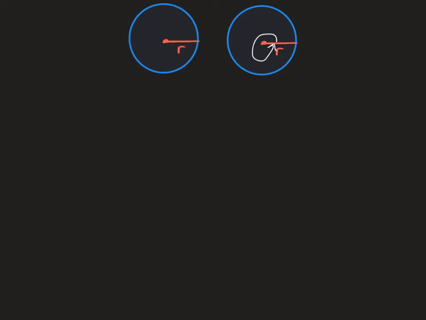If I think of taking this radius right here, let's make it red, and copying it on the outside of the circle, but since a circle is curved, I'm going to have to bend it. Let's call that 1 radius right there, and that looks about the same length.